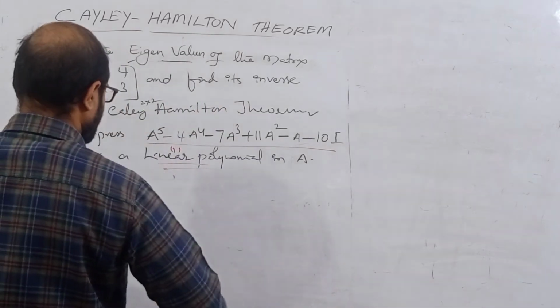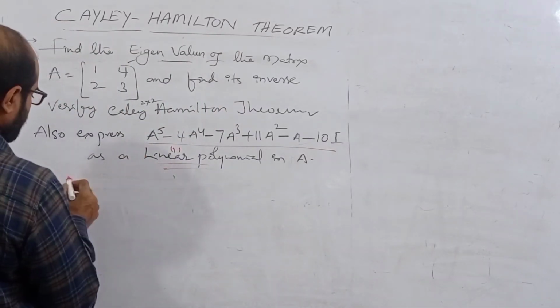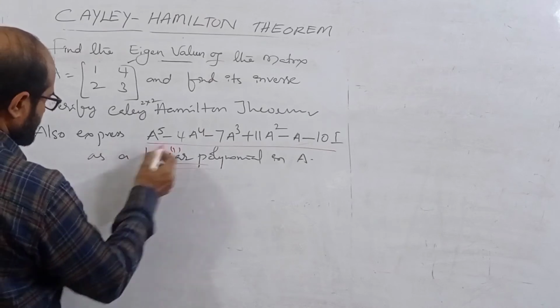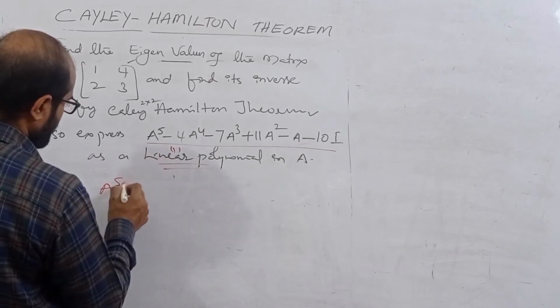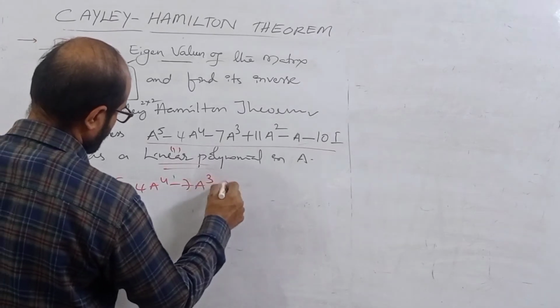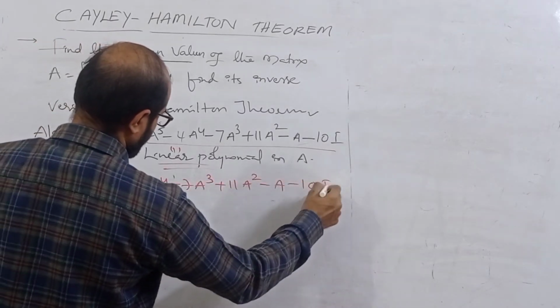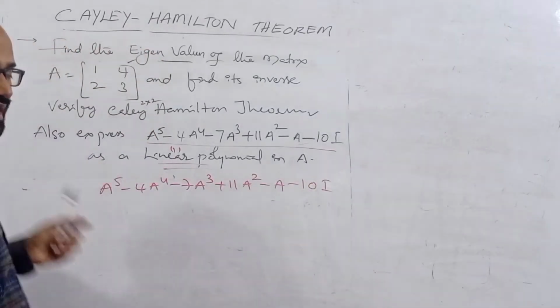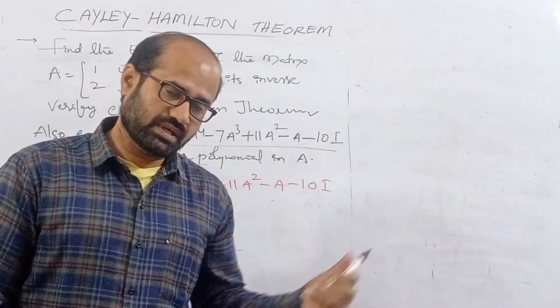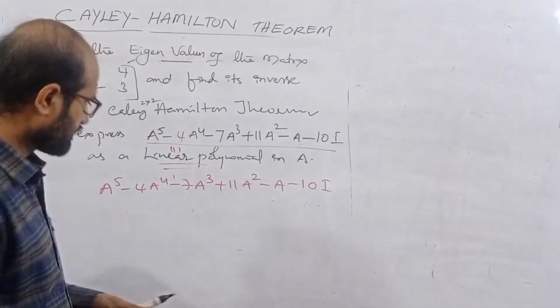So let us express this as a linear polynomial. What is given? The given expression is A power 5 minus 4A power 4 minus 7A cube plus 11A square minus A minus 10I. We want to express this one as a linear polynomial. See here, very interesting, easy but a little bit confusing, so concentrate.